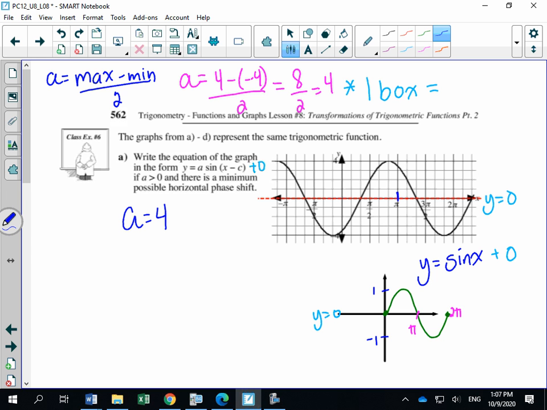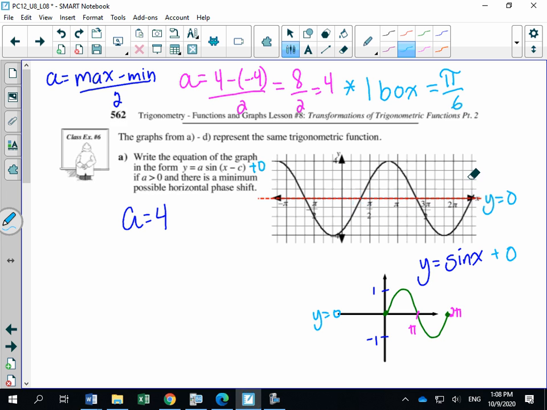So ask yourself, how many boxes do you count, starting at 0, until you get to pi? 1, 2, 3, 4, 5, 6. To get to pi, we count 6 boxes. Therefore, one box is going to be pi over 6.